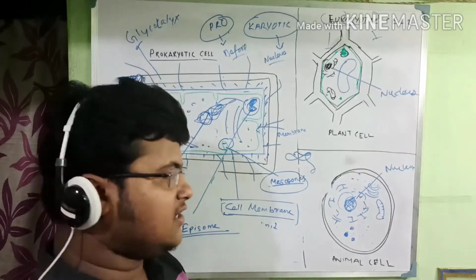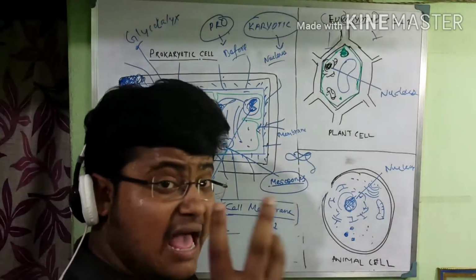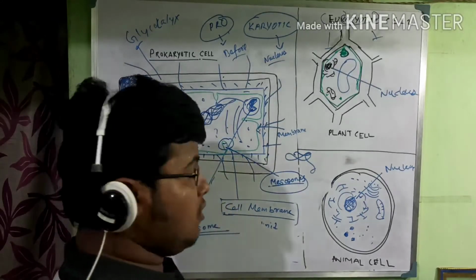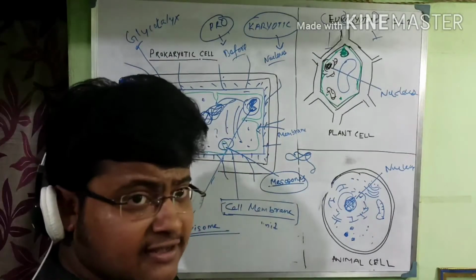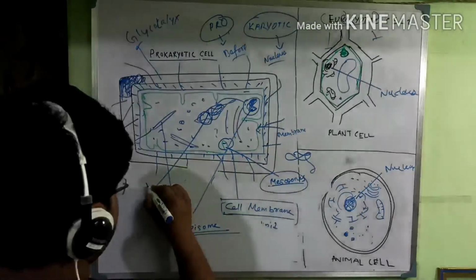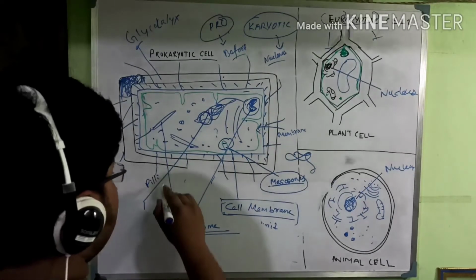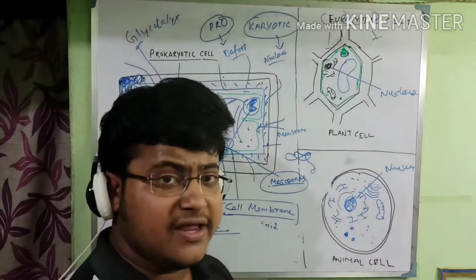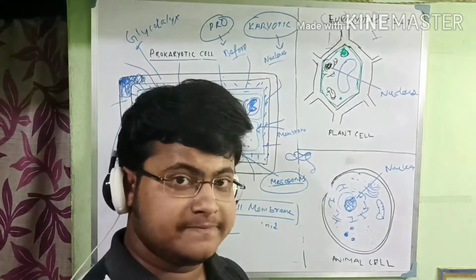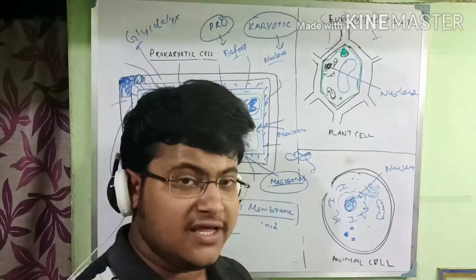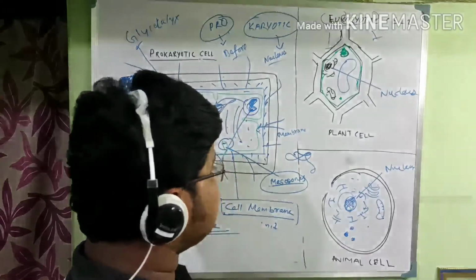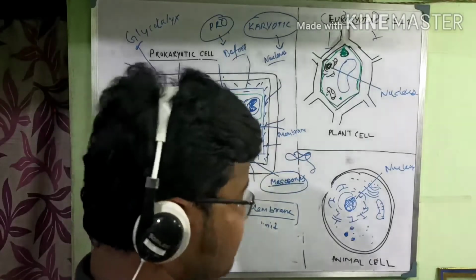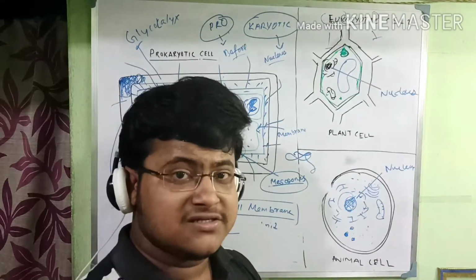The bacterial cell also has a structure. They are hair-like appendages which protrude from the cell wall of the prokaryotic cell, known as pili. They are made up of pili proteins. What is the job of the pili? Pili do not help bacteria in their movement.